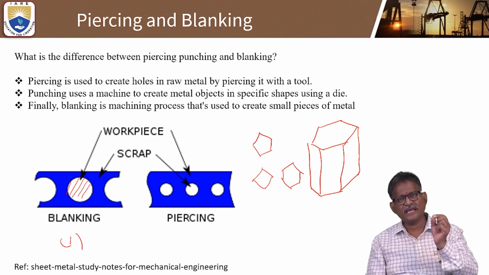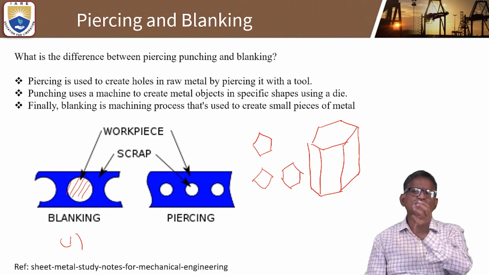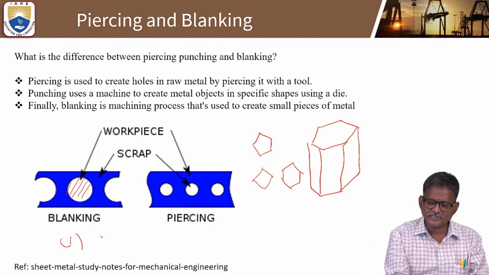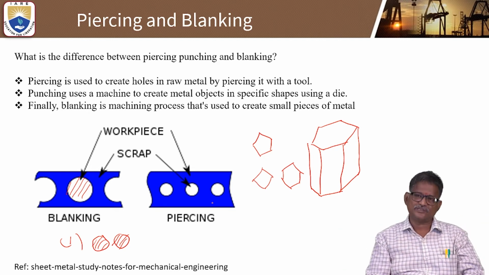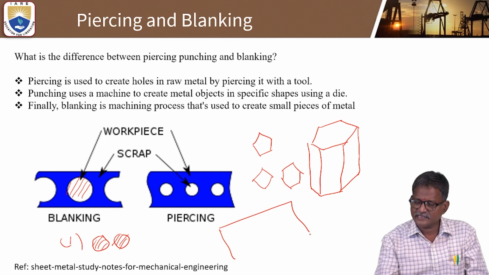And finally, blanking is a machining process used to create small pieces of metal. That is what you can see. Blanking means you get pieces like these, these are the workpieces. But piercing means making a series of holes. Even in any sheet, such holes can be obtained, not only circular holes like this.